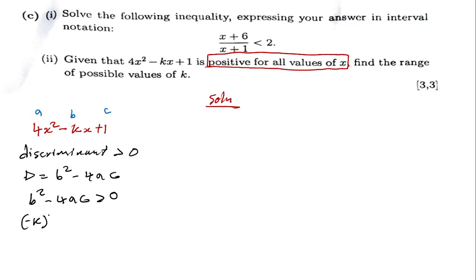So this is k squared minus 16 should be greater than or equal to 0. If you remember very well, we did this same question in Math 1120, but we were not taught positive value. Instead, we were taught complex number.